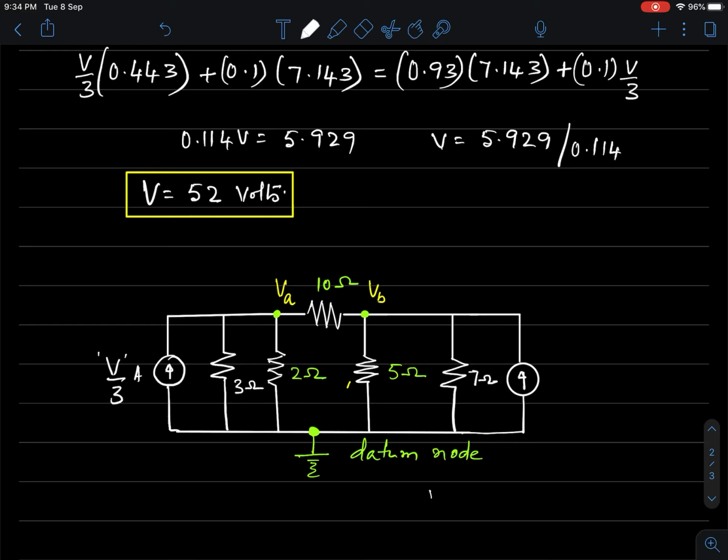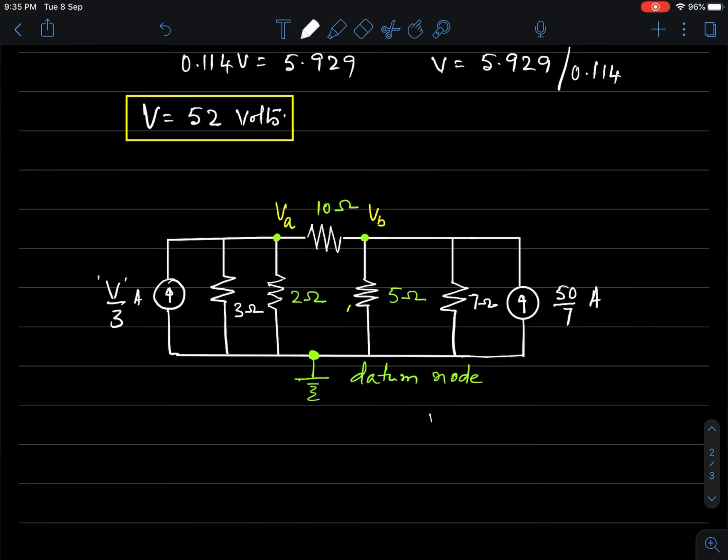The value of this source is 50 by 7 amperes. I suppose it's simple, right? It is simple. We have converted the voltage source into current source.